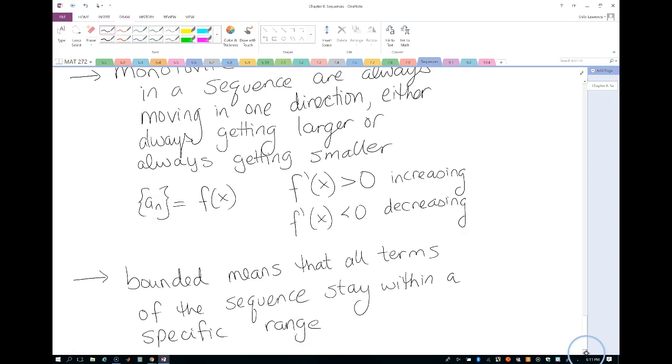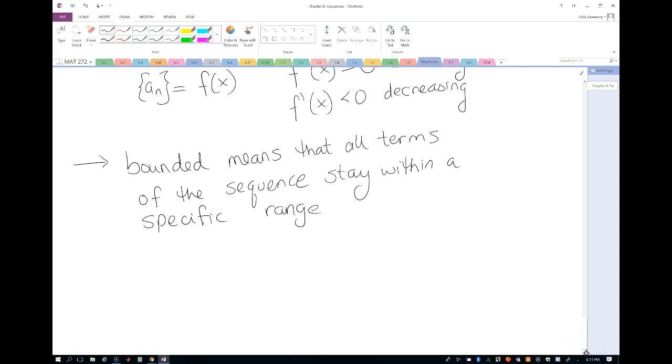So if we could identify a value that the terms never get larger than, these sequences are bounded above. We're able to find a value that the terms are never capable of reaching.